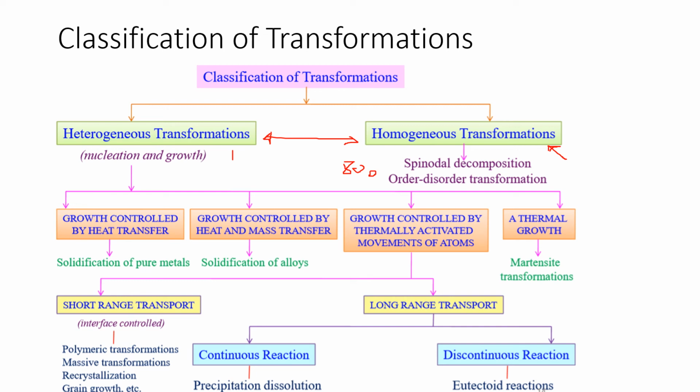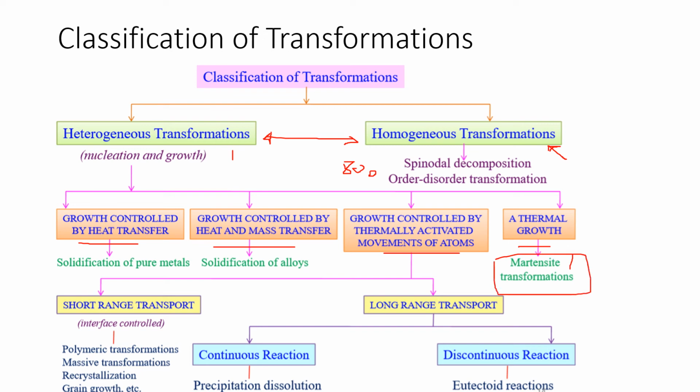In homogeneous transformation, we also studied nucleation and growth. Nucleation and growth can be divided into the following categories: growth controlled by heat transfer, growth controlled by heat and mass transfer, and growth controlled by thermally activated movements of atoms, thermal growth, for which the example is martensite transformation.